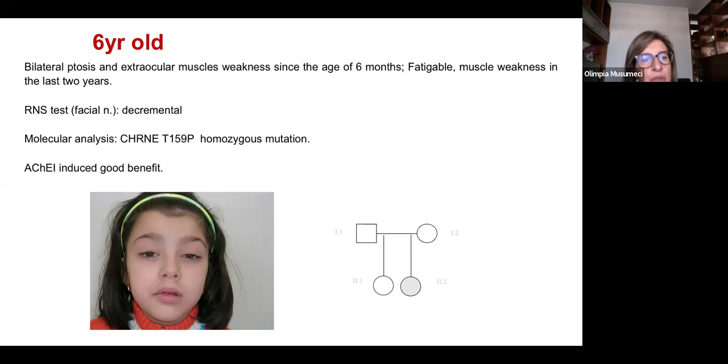This patient was treated with an inhibitor of acetylcholinesterase with a good outcome. So it is important to think about this condition, because we have some clues in the therapy that can improve the quality of life of this patient.